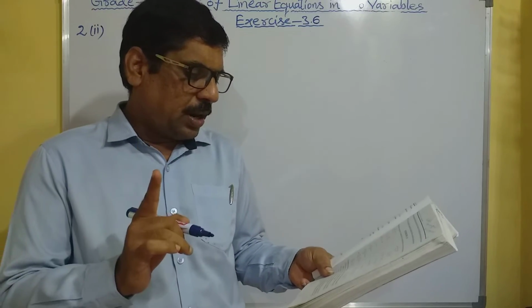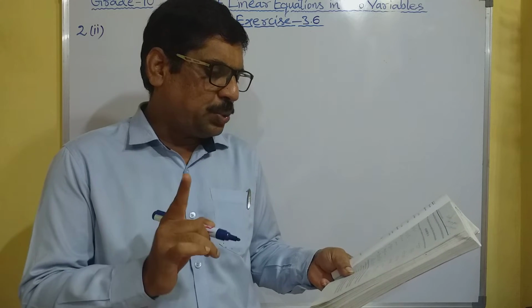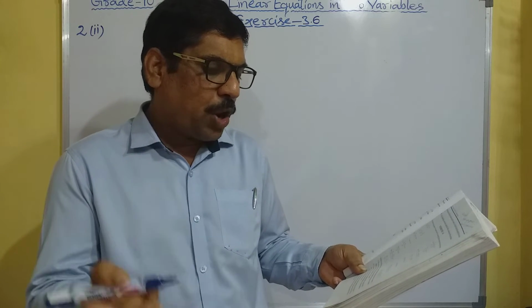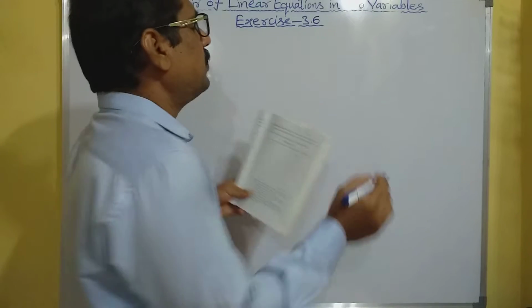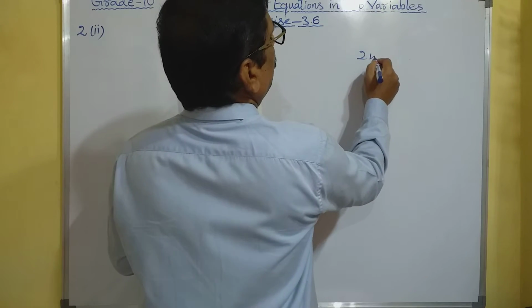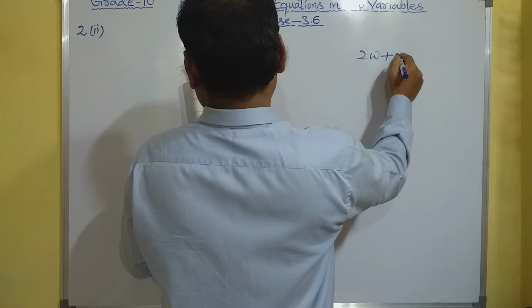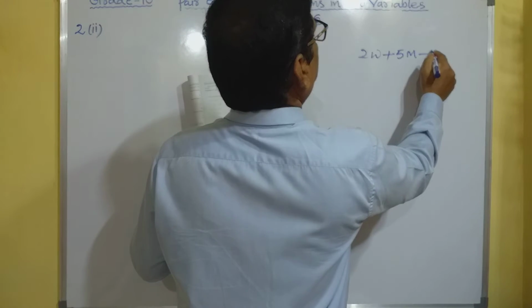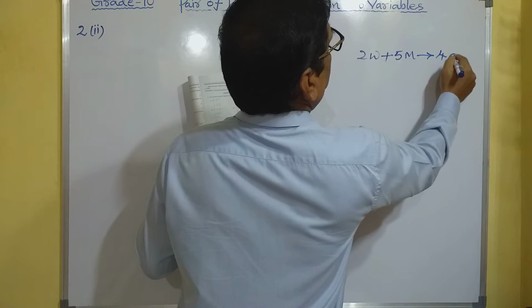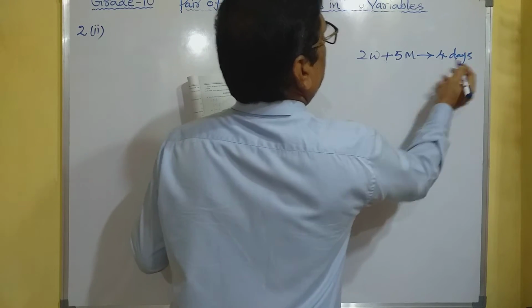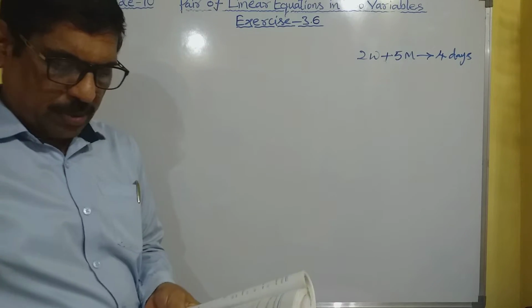Two women and five men can together finish an embroidery work in 4 days. See, look at this. Two women and five men can complete the work in 4 days. Okay, here we are gathering the information from the problem.